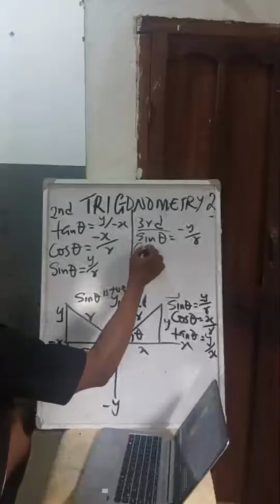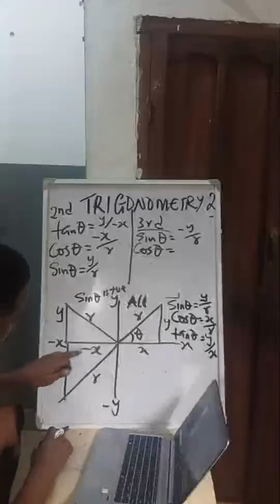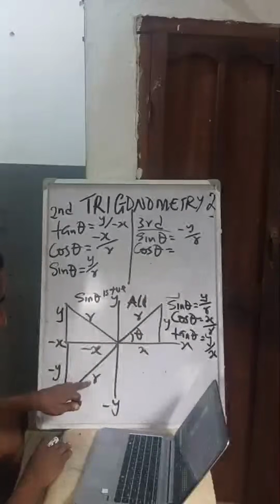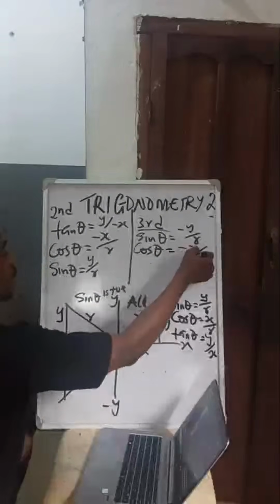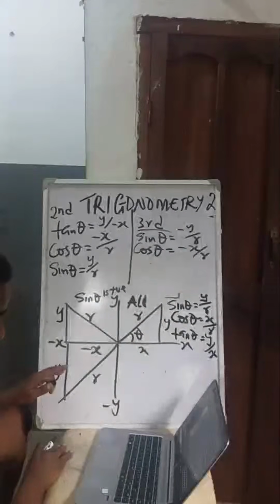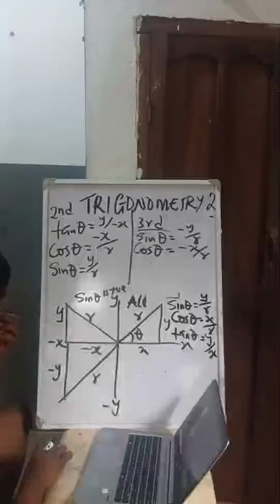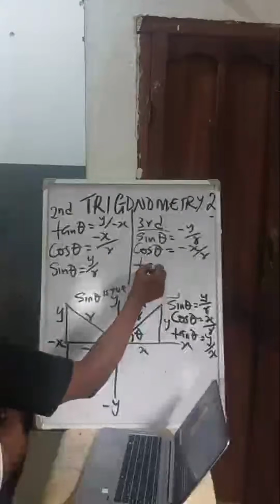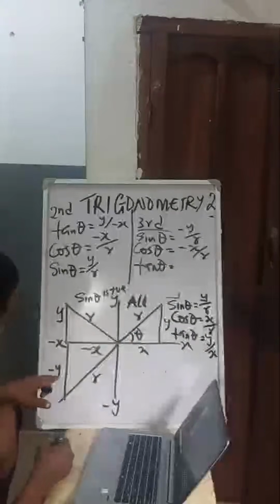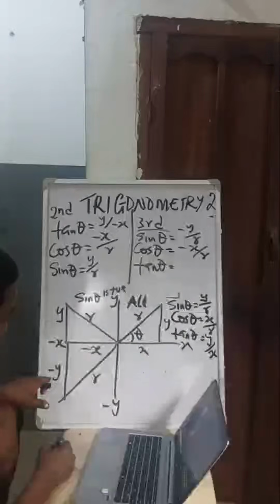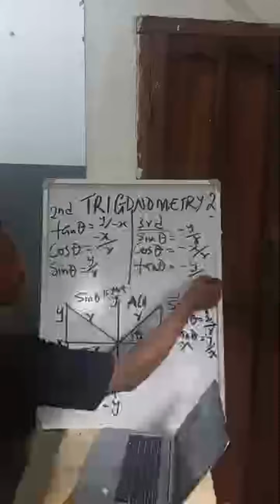Now, cos theta is equal to minus x over r. So cos is negative. Now let's see tan theta, which is equal to opposite over adjacent, minus y over minus x, and the negatives cancel out.